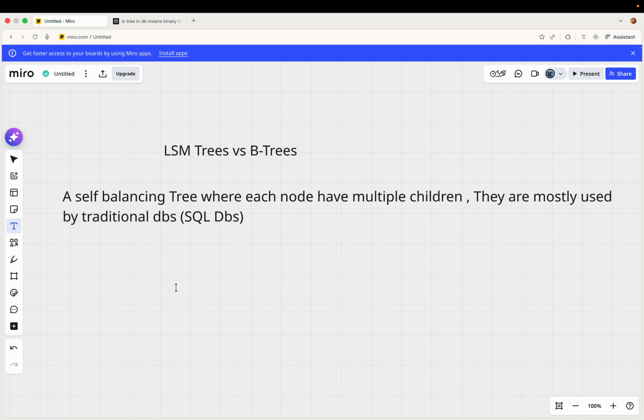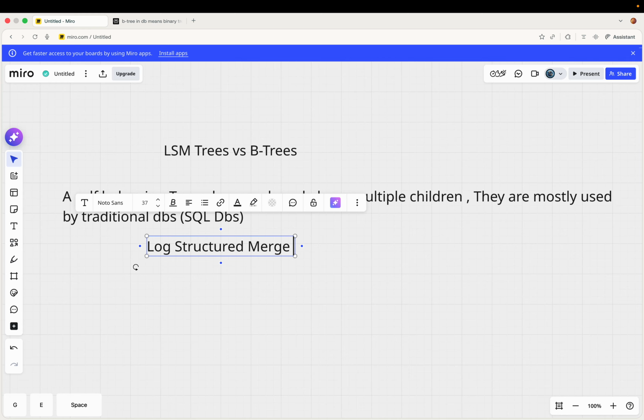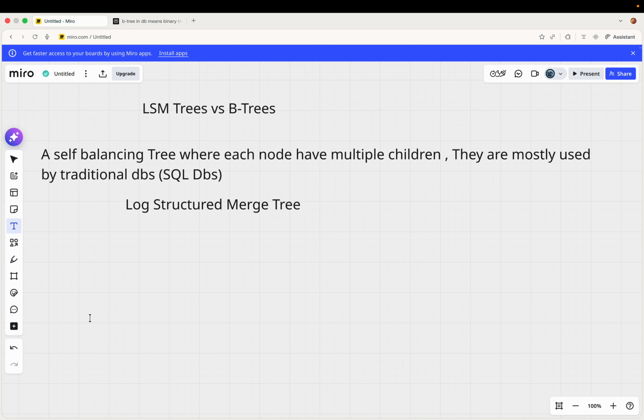Now let's discuss LSM. What is LSM? Log structured merge tree. So, log structure. How do we write logs generally?